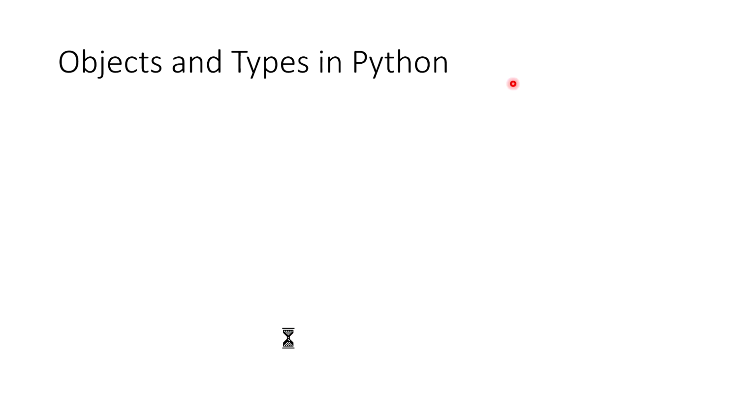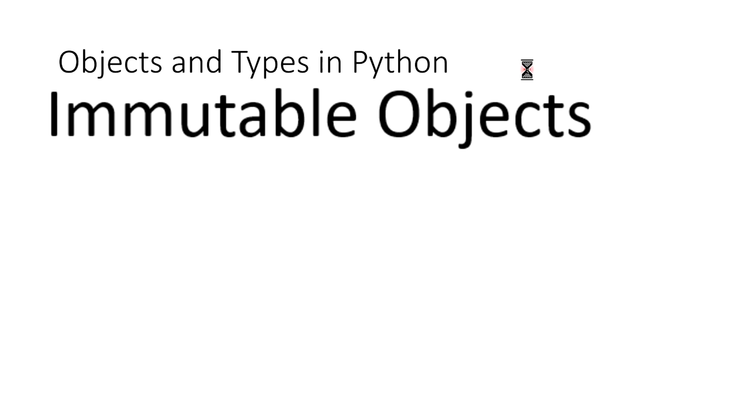So in Python, everything is an object, and we're going to review all the objects and types in Python before we move forward. First, there are two types of objects.